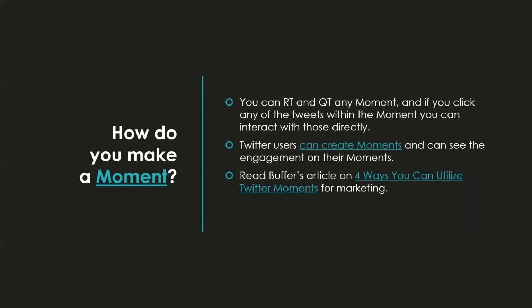You'll just check those off, and then they will be part of that story. So it's weirdly user friendly considering how hard it is to explain. But Buffer has a really cool article on 4 ways you can utilize Twitter moments for marketing that you should definitely check out.